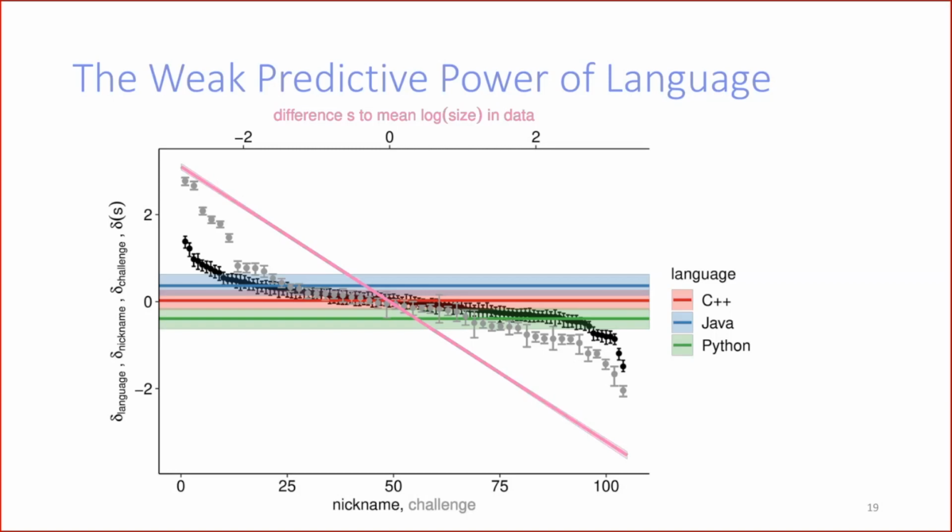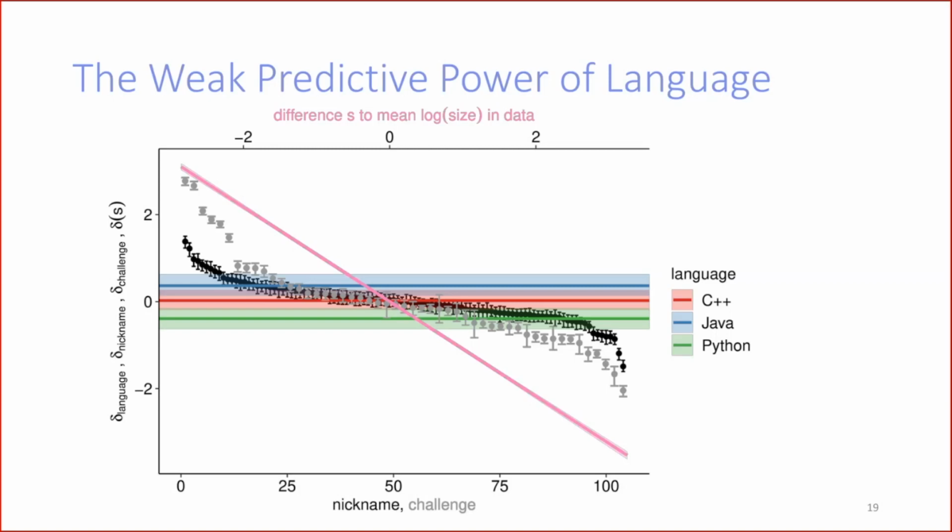You also see that the three bands have a lot of overlap, which means there's a lot of uncertainty over exactly which programming language is better than the other. However, if we look at the nickname, which was another variable, the identity of the participants, these are all the estimates for the coefficients associated with each participant.